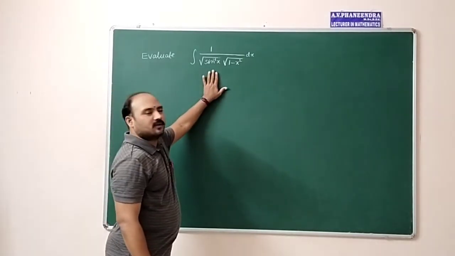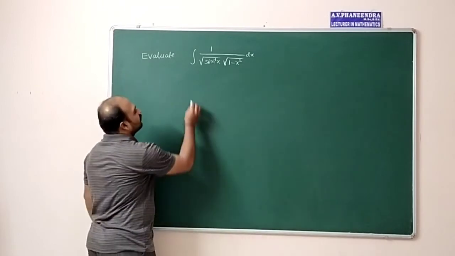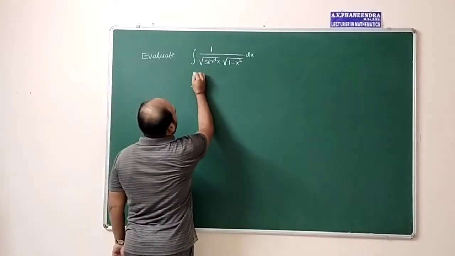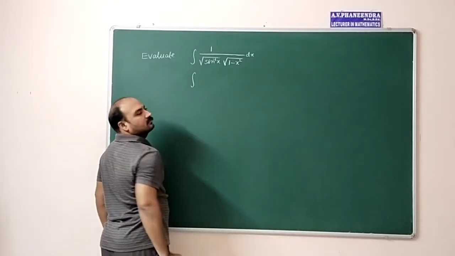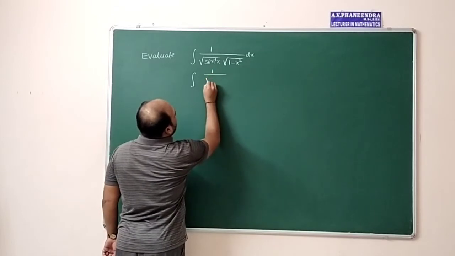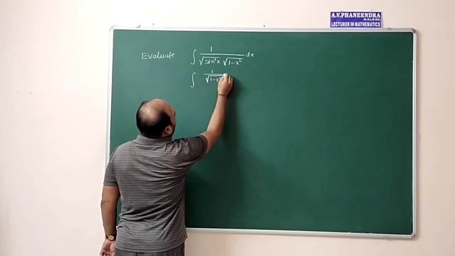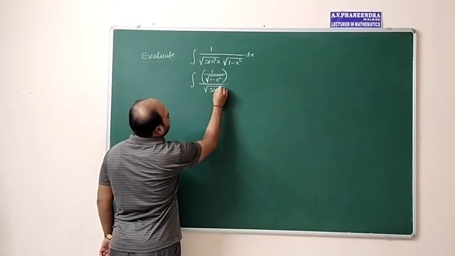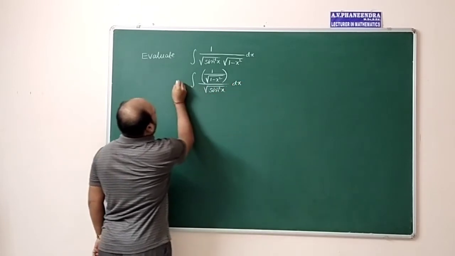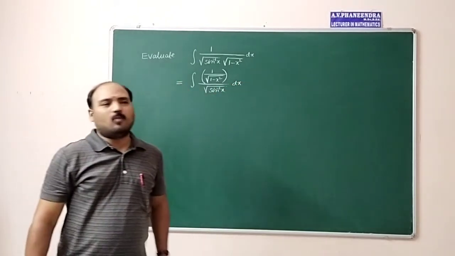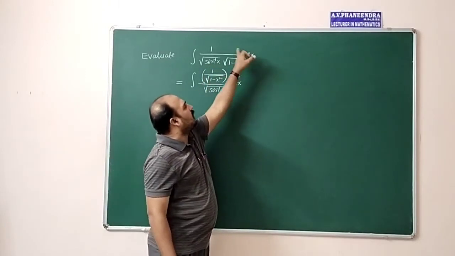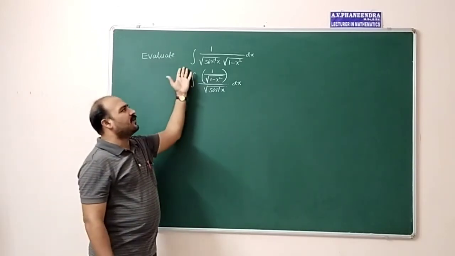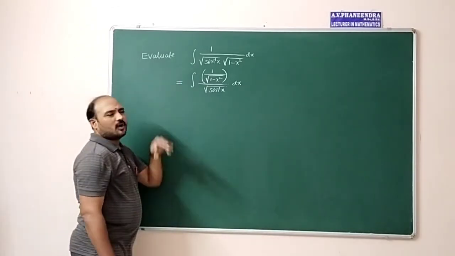After writing this, what we have to do is integral 1 by square root of 1 minus x square, whole divided by square root of sin inverse x, into dx. It won't change anything. Both are in the denominator. This value I am writing as a numerator, 1 by square root of 1 minus x square. Ultimately the meaning is the given question only.